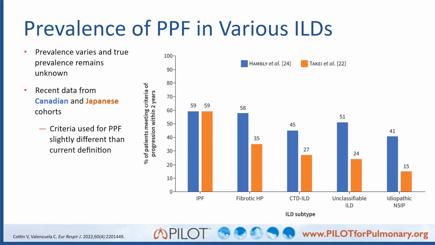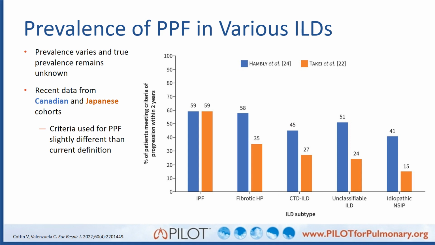So for example, in both of these international cohorts, approximately 60% of the patients with IPF met their criteria for progressive pulmonary fibrosis. In the connective tissue diseases, they were slightly different, with 45% of the Canadian cohort patients and 27% of the Japanese cohort patients respectively meeting the criteria for progressive pulmonary fibrosis.